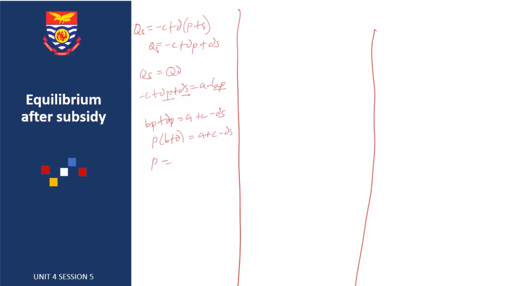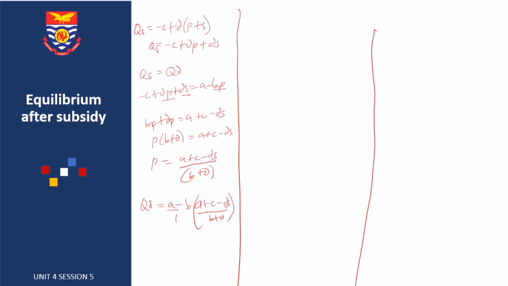Now P will be equal to A plus C minus ds, all divided by B plus D. I can put this into the demand function so that my QD becomes A minus B bracket open A plus C minus ds over B plus D. We assume this A is divided by 1.